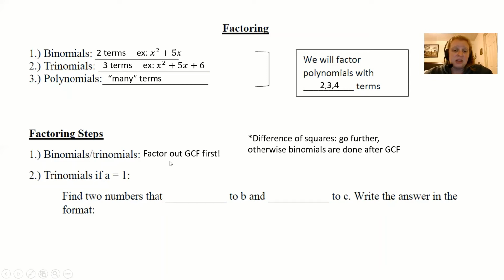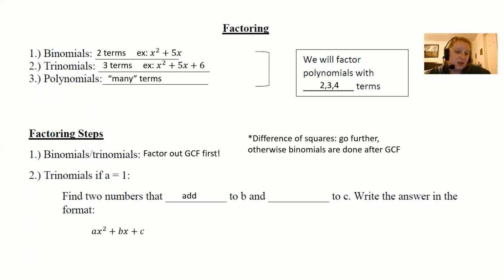All right, so let's say you did the GCF and it's a trinomial. That's great. If you recall, standard form of a parabola is ax squared plus bx plus c. So if a is 1, in other words, if you don't see a number in front of your x squared, you can be lazy and use this little shortcut.